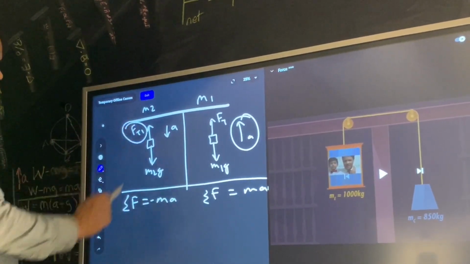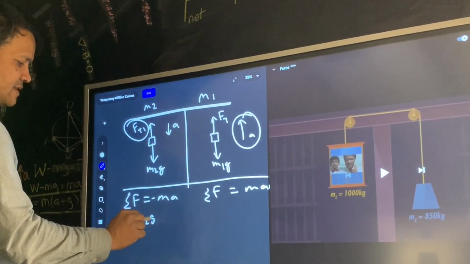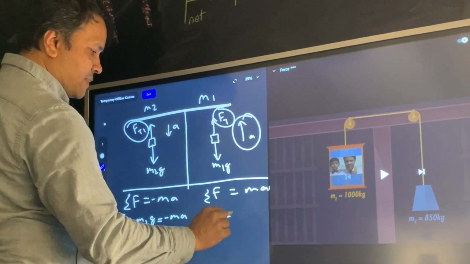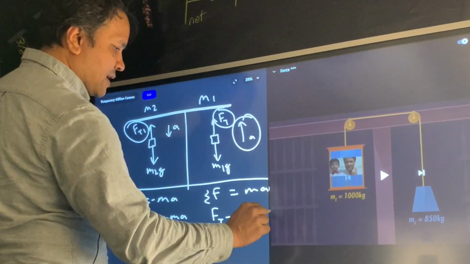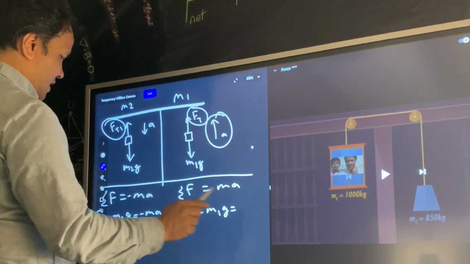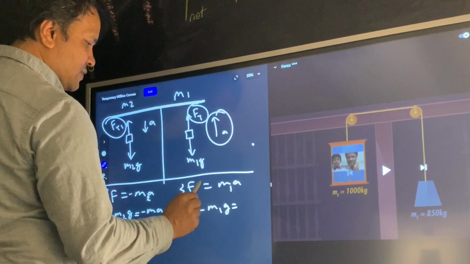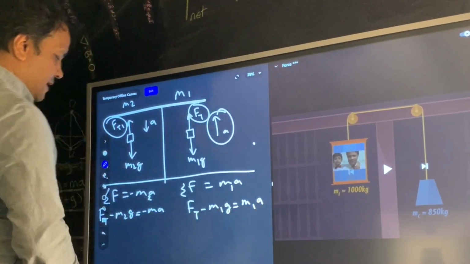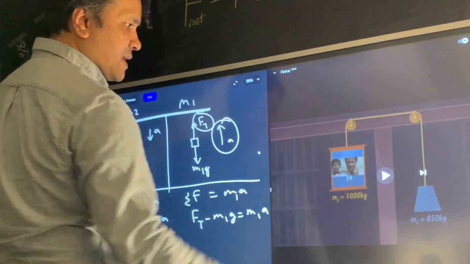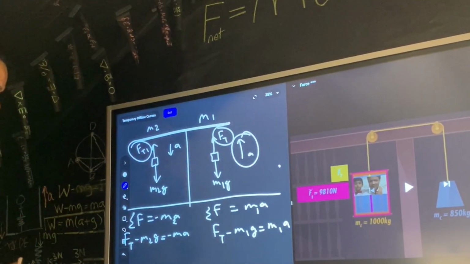So all the forces: Ft minus M2G is equal to minus M2a, and this one is Ft minus M1G is equal to M1a. All right, M1 and M2 are not the same, so we have to keep that in mind. Now you can take a look at what is happening. Okay, so finish it and we're going to check our answer.